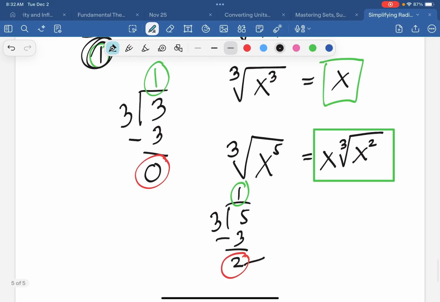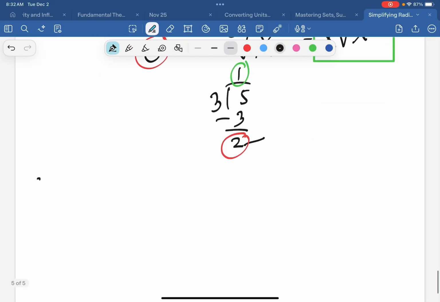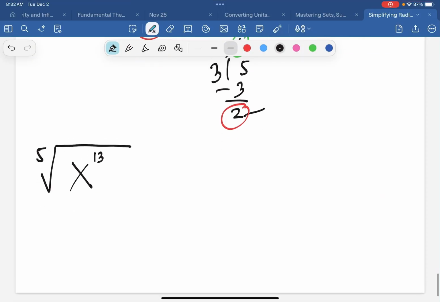Last one before we proceed to number 7. Let's have the fifth root of x raised to 13. So 13 divided by 5. You have a quotient of 2, and then minus 10, and a remainder of 3.